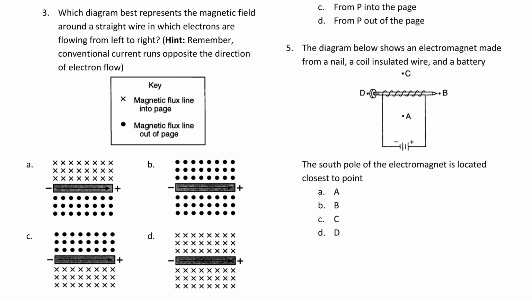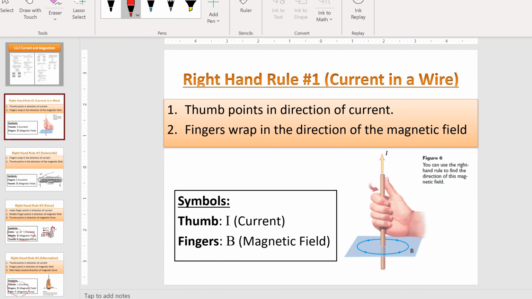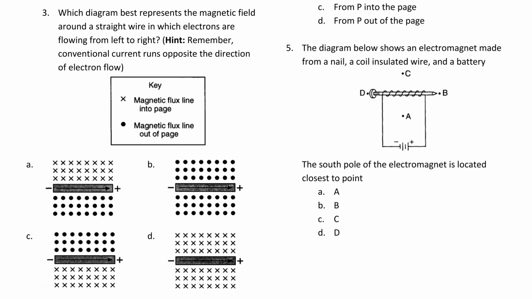So take a look back at right-hand rule number 1. We're going to point our thumb in the direction of conventional current, and our fingers are going to wrap around in the direction of the magnetic field. So it's kind of hard to describe without looking at the picture, so I'll show the picture here. All right, so the X's mean into the page. Oh, it says right here.